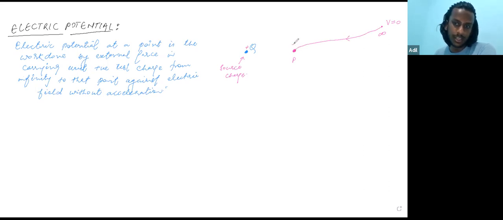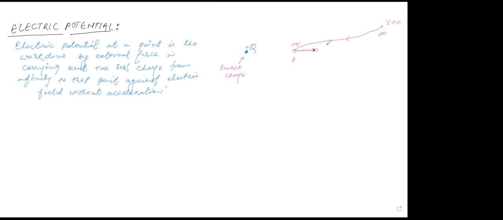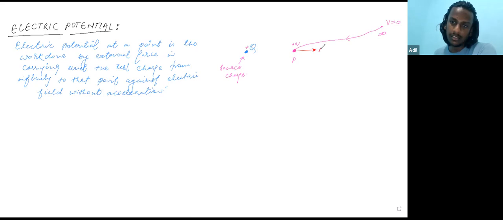Then this positive charge will try to repel this test charge in the away direction. Are you clear? This force acting upon this charged particle is the F electric, or you can say this is your F conservative force. This electric force behaves here as a conservative force. Are you clear or not?